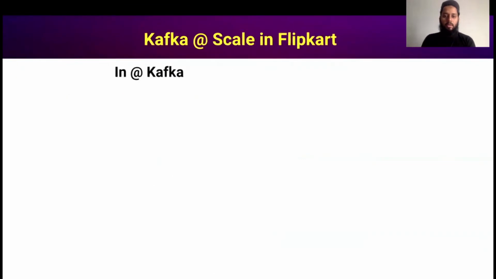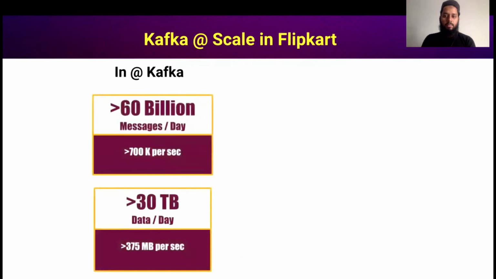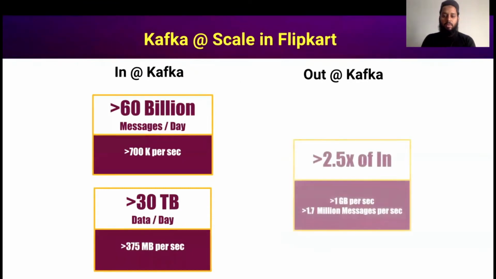So in Flipkart, we ingest more than 60 billion messages per day, which is more than 30 terabytes of data per day, and we consume more than 2.5x of what we ingest.